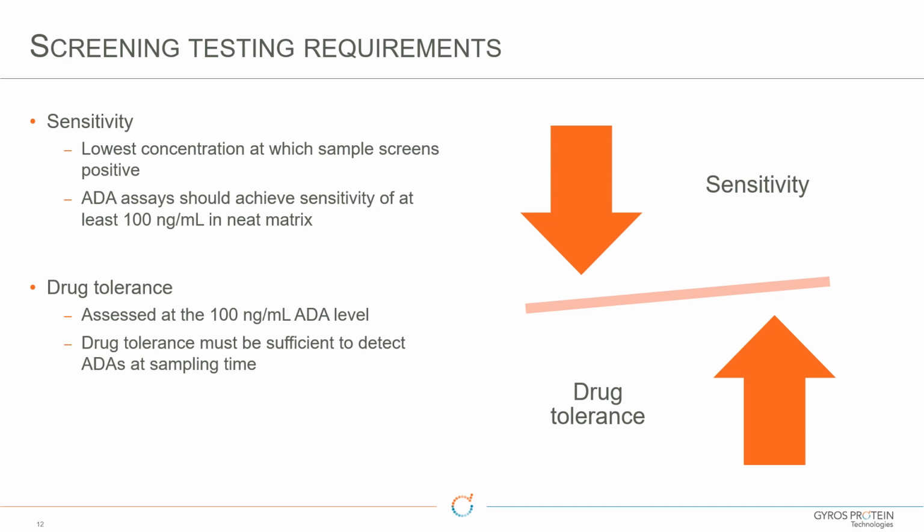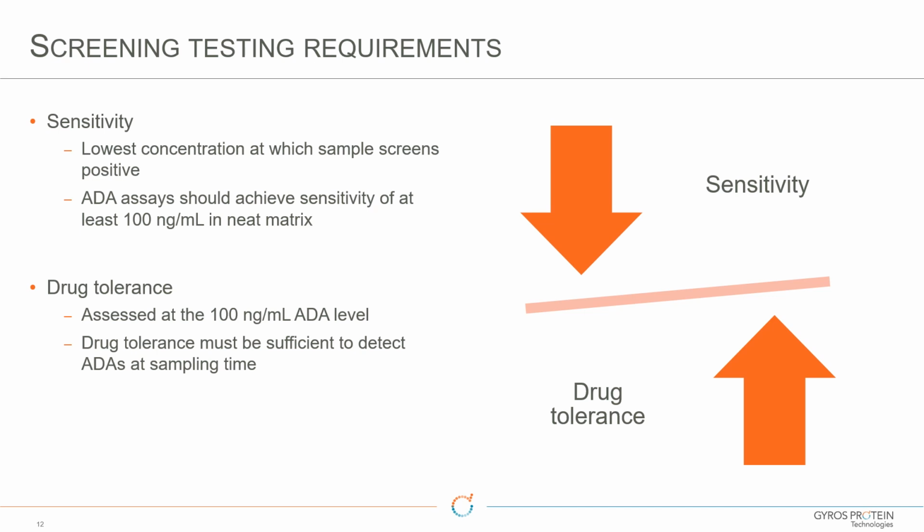So when it comes to the screening assay, it's always a balance between achieving the sensitivity that you want, which is 100 nanograms per mil in neat matrix, and also the actual drug levels. The drug will always interfere in the assay, so we're trying to mitigate the level of drug and still achieve the sensitivity at 100 nanograms per mil.